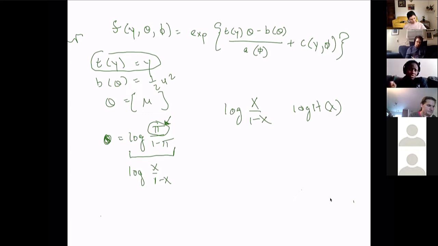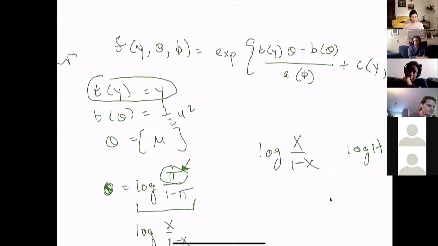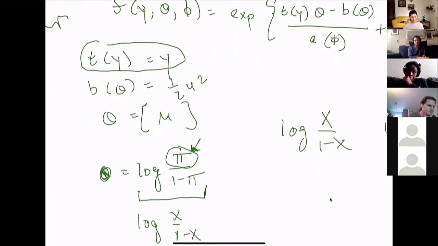So does it have to always be log of something? Not necessarily. That depends on what distribution you're using. For the normal distribution, it's not the log of anything. It's called the identity. You don't have to do anything to the random variable to get the canonical link.